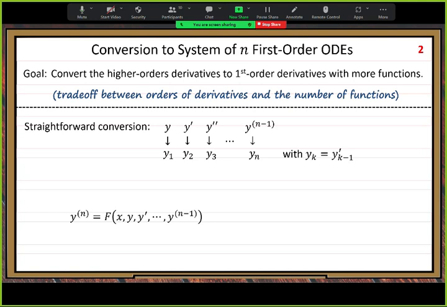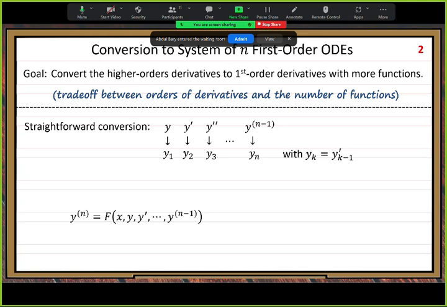Now let's rewrite this complicated-looking equation as a sequence of first-order linear equations.